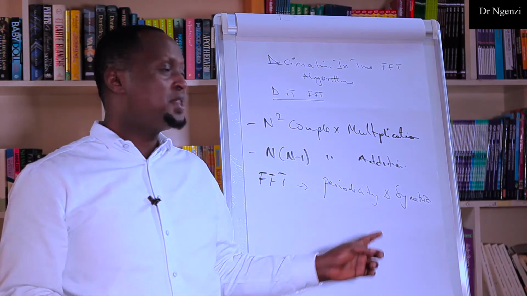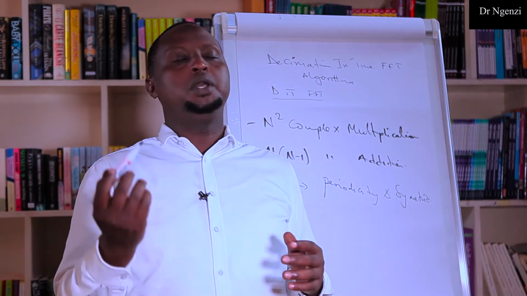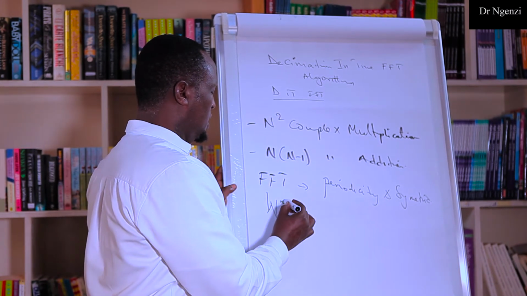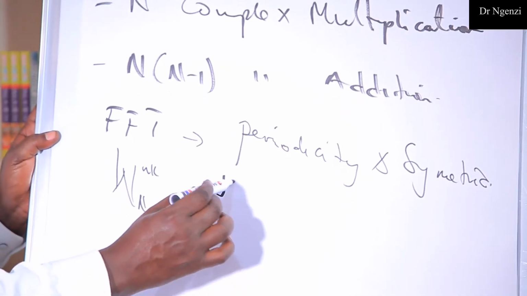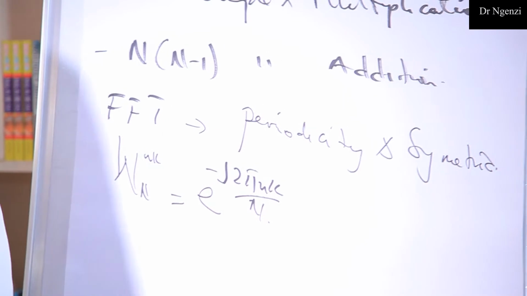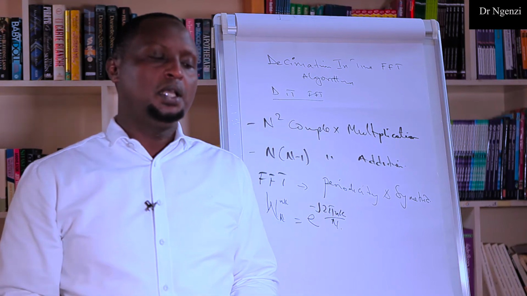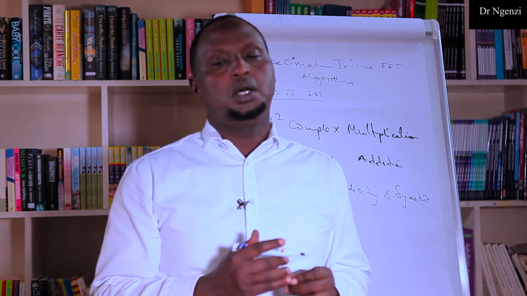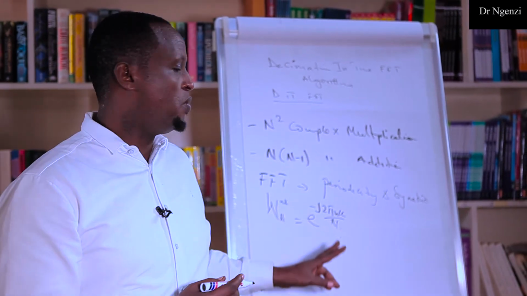These are the ones we discussed last time, where we convert the big W_N^{nk}, which is e to the power of -j2πnk over N. This is what we call the periodicity, and it is used to avoid the huge computational numbers that we face in the DFT.